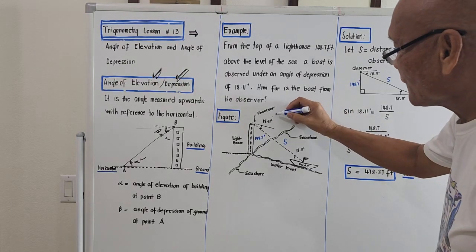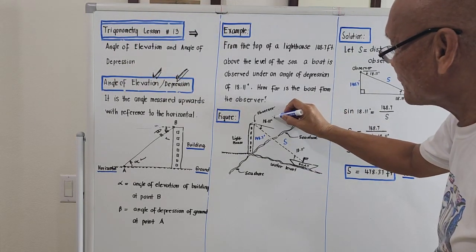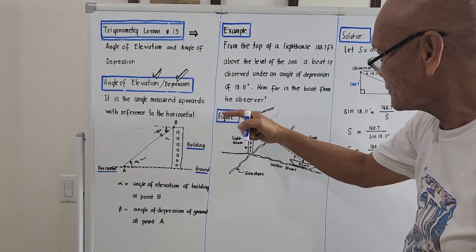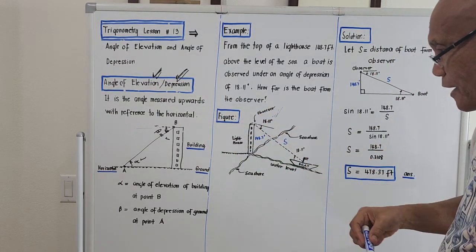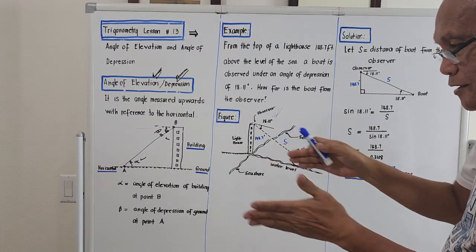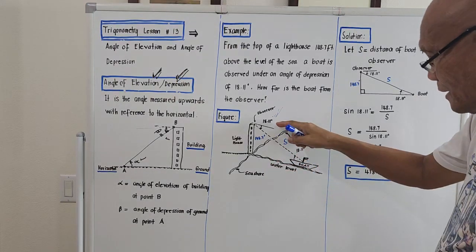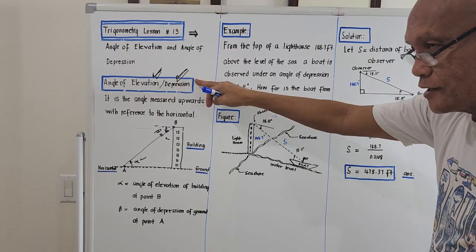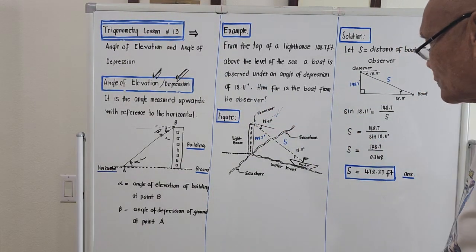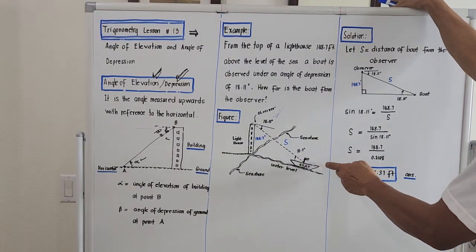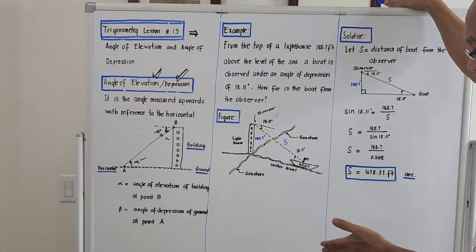So we will be applying our knowledge of the concept of angle of depression from the previous discussion. The observer is on top, right? So the angle that he will be taking on the transit will be angle of depression. It's not elevation because he's on top.